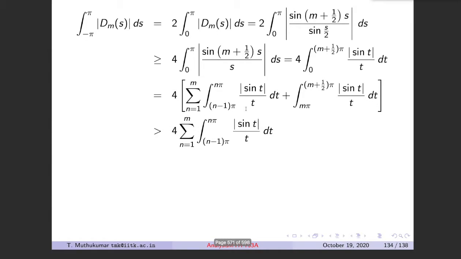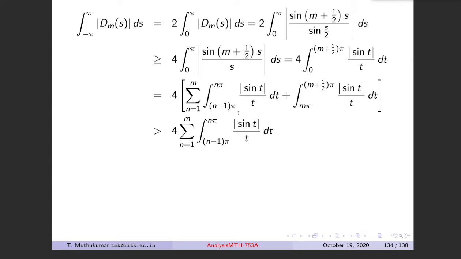Now whatever is here is a positive quantity, so this integral is a positive integral. So this is something plus a positive quantity, so whatever you have here is actually bigger than the first quantity, because you are adding a positive quantity.